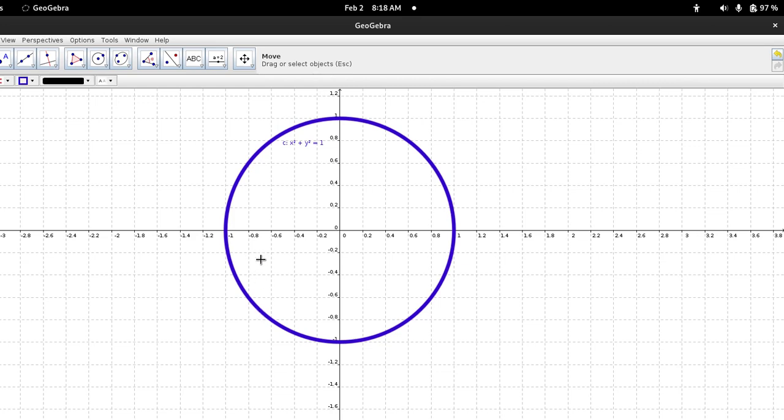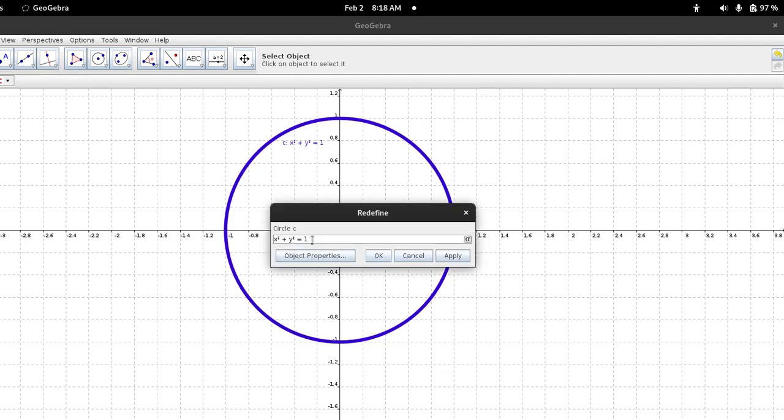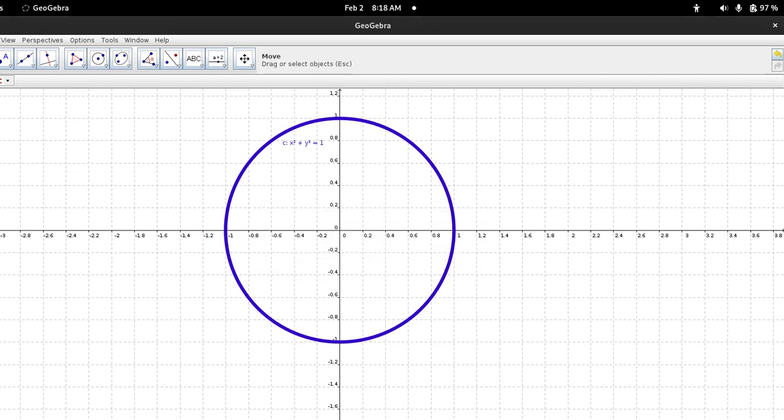Now, let me do a little thing here. Let me just copy and paste in here. What I have is x minus 1 squared plus y minus 1 squared equals 1.